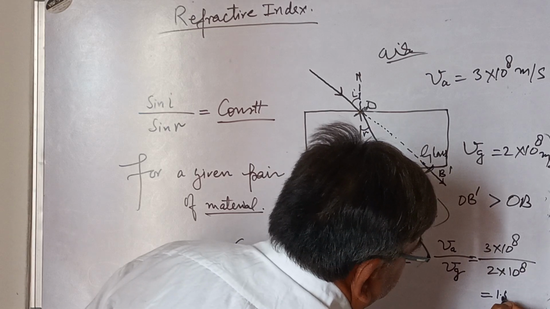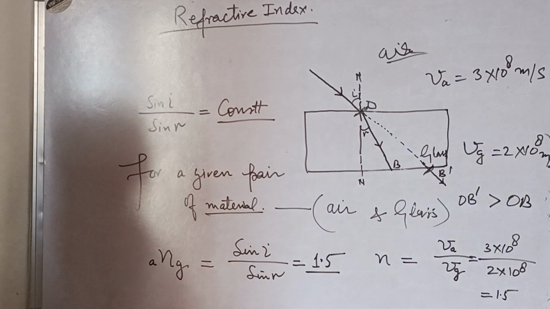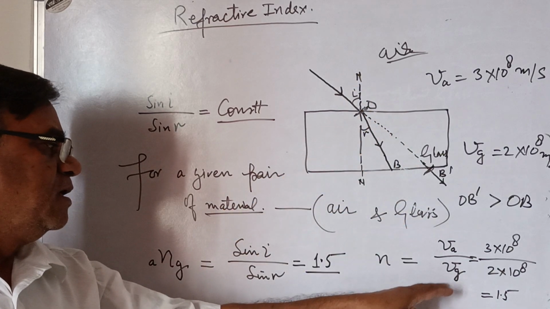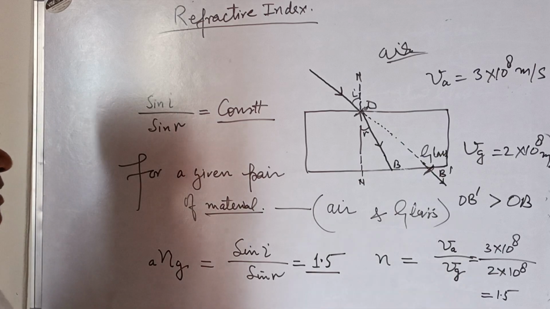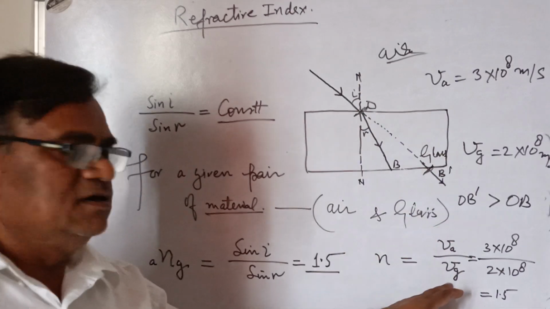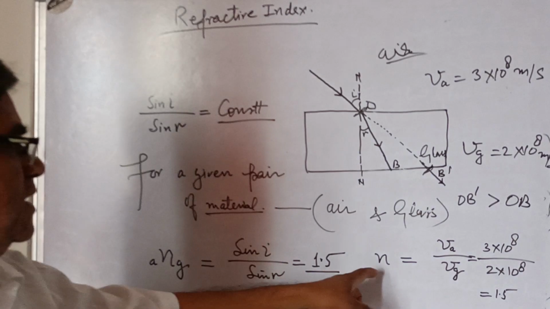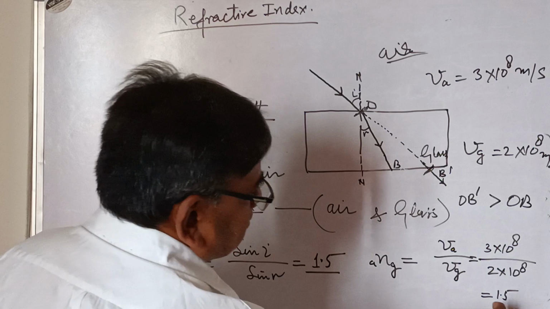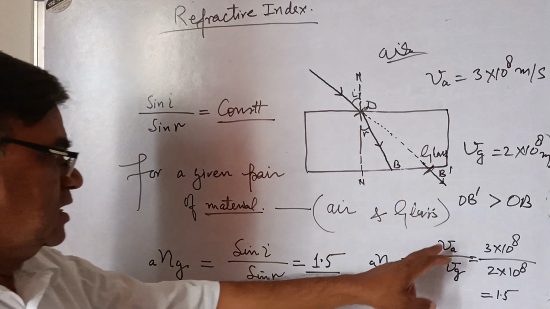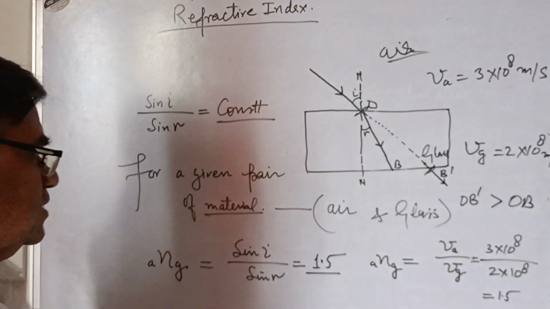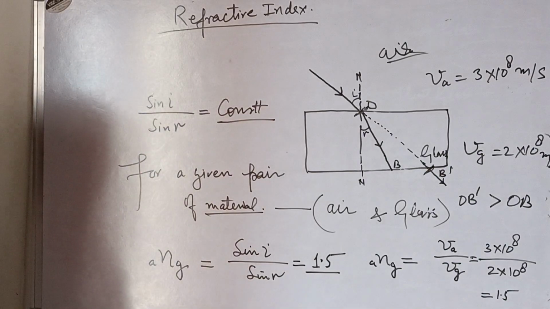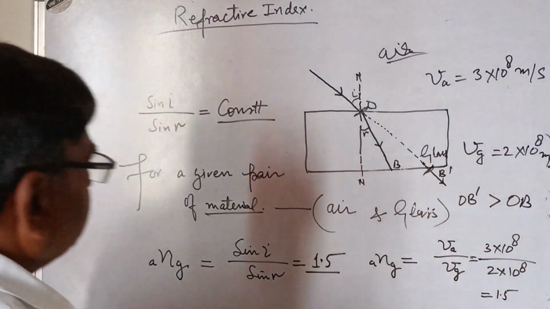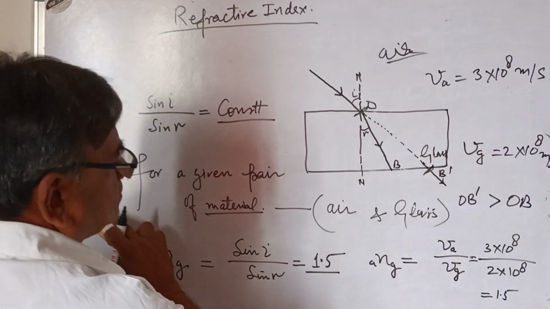It is again 1.5. The ratio of the velocity of light in the first medium to that in the second medium is the n of G with respect to A. This relation is also established: refractive index is the ratio of velocities in the two mediums.